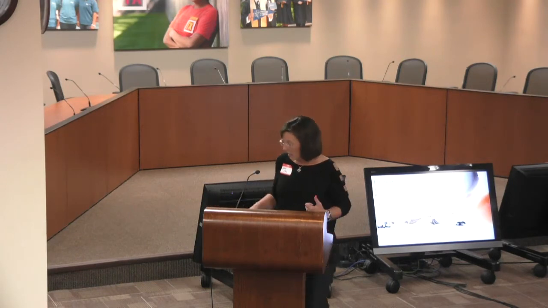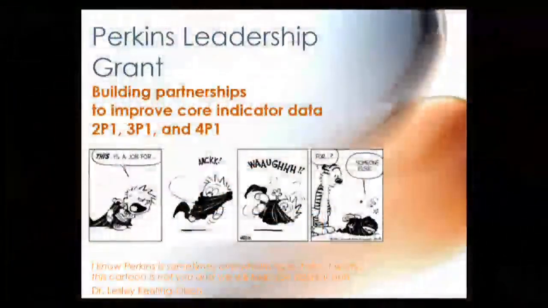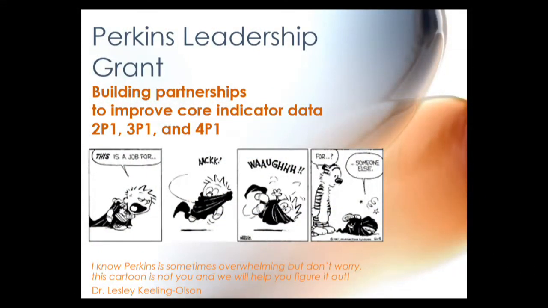All right, so as you can see here, I like a lot of Calvin and Hobbes, so I'm probably dating myself here. This was definitely me at the beginning. I was the person where this is a job for Leslie, and I stumbled immediately. My first RFA was very, very cumbersome and probably all over the place, and it went in a lot of circles.